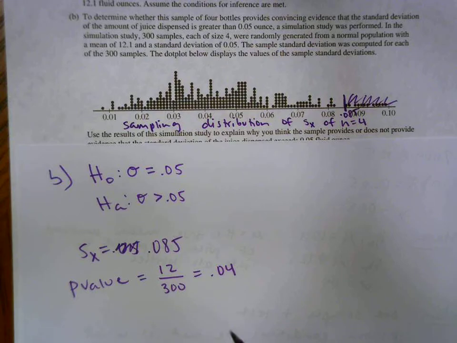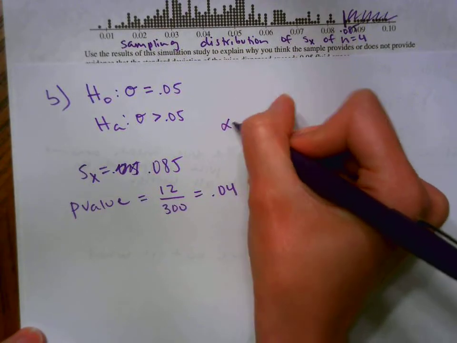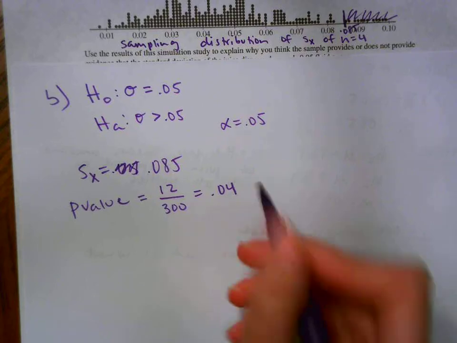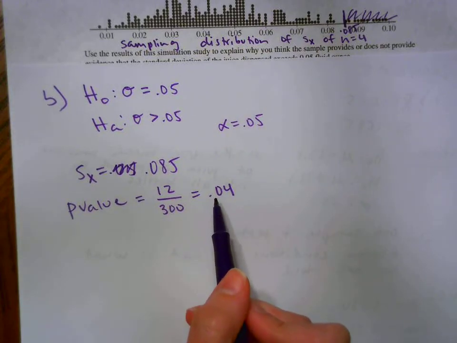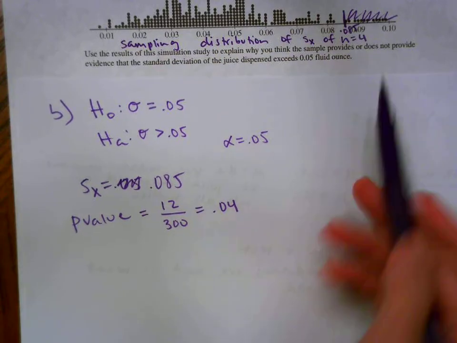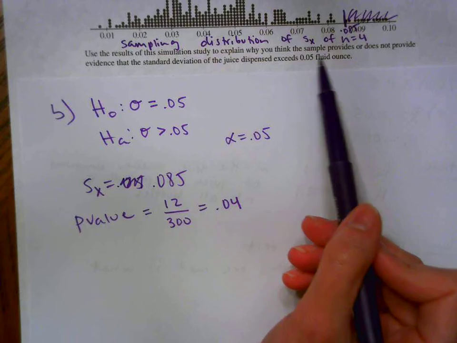So is that a small p-value? Well, normally we compare it to alpha being 0.05. So we will say yes, since this p-value is less than alpha, we have convincing evidence that the standard deviation of the juice dispensed exceeds 0.05.